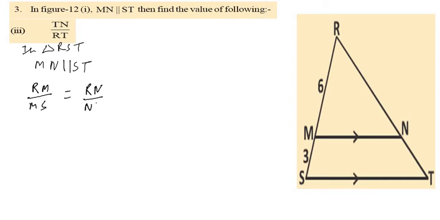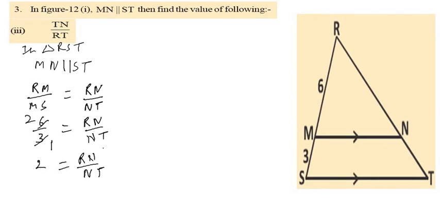NT or TN both are the same. Now put the value, it is 6 upon 3 will be equal to RN upon NT. Now 6 ones are 6, 3 ones are 3, 3 twos are 6. You can say 2 is equal to RN upon NT. Now adding 1 on both sides.